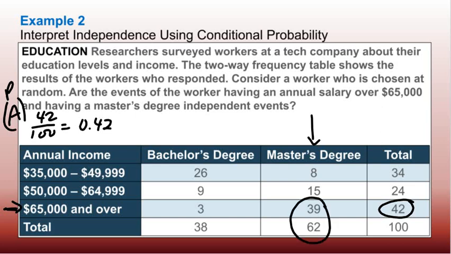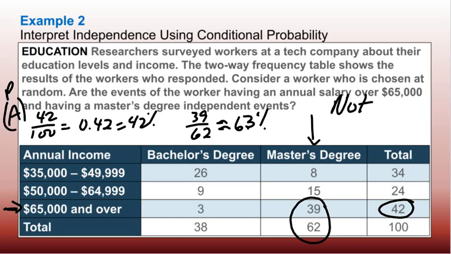That would be 39 out of 62, and 39 divided by 62 as a percent gives us about 63%. This one is 42%. Since they are not equal, they are not independent. For them to be independent, they have to be the same percentage.